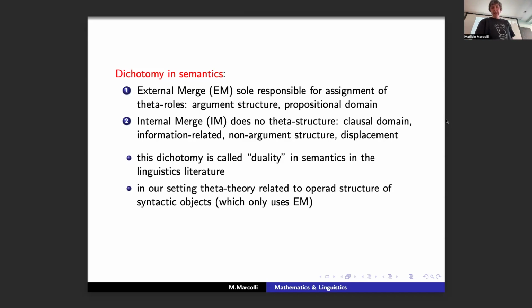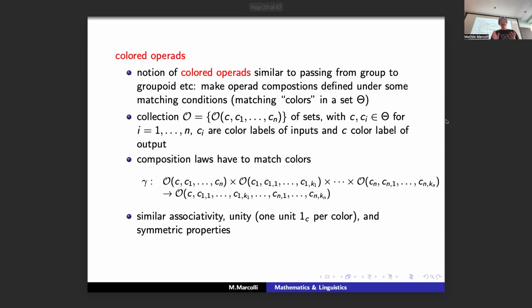Okay. And so the notion that one can try to adapt to deal with this idea of matching of theta roles is called the colored operad. In a way, this is actually very simple because it's the same idea as when you pass from a group to a groupoid.